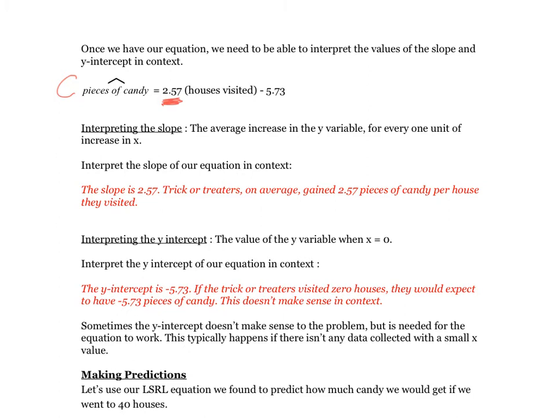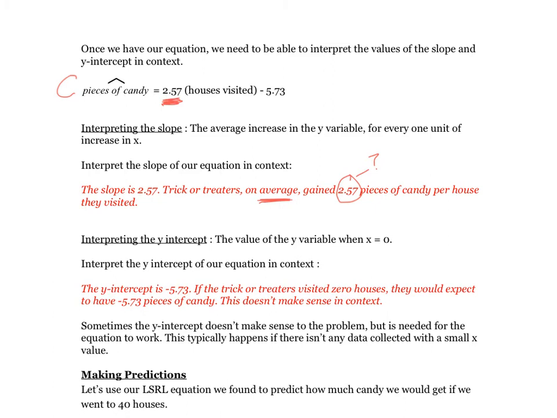Trick-or-treaters on average gain 2.57 pieces of candy per house they visited. Okay, so every time we visit one more house, according to the equation, I would add 2.57 pieces of candy to the bag. Now, can you actually get 2.57 pieces of candy from a house? No. But on average, that's how many pieces you would gain. Okay.